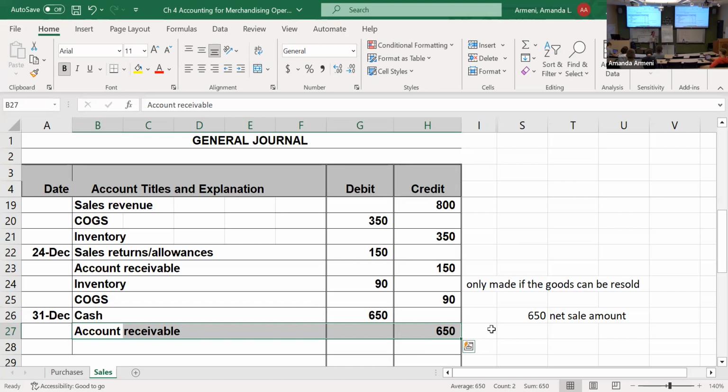If I have a T account over on the right-hand side where I'm just keeping track of my receivable, I started at 800, but then I made that credit of 150. So how much do I have left? 650. That's the amount that they're actually going to pay, right? So that's an easy way for you to just keep track of what's going on when you have a bunch of different transactions related to that sale, right? You had a discount, you had a return, you had this, you had that. You can keep track of it in a T account, okay? Good question.